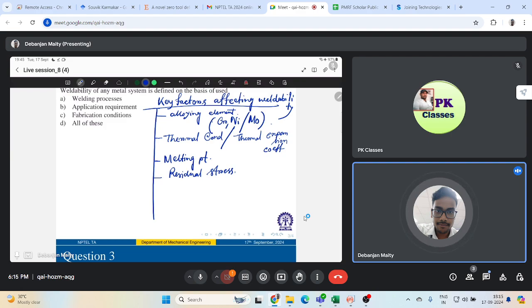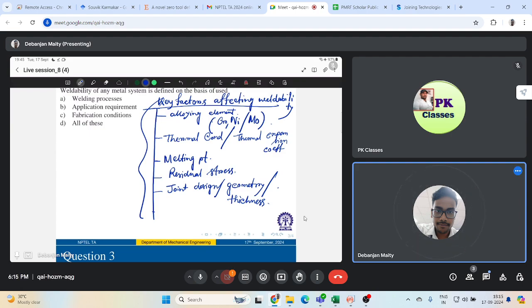Then hardness or ductility of your structure, even the geometry of the joint, the joint design or geometry, or mainly the thickness. The thickness of the metal will greatly affect the weldability of the structure. So these all will affect my weldability. I will try to explain one by one.